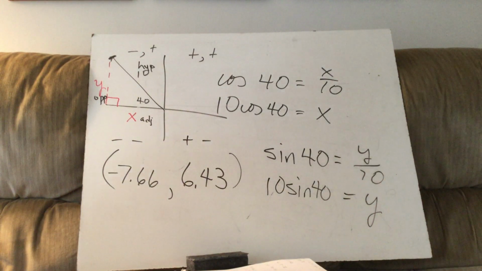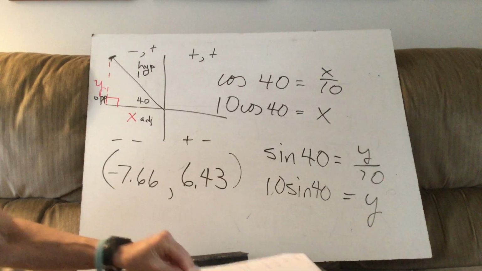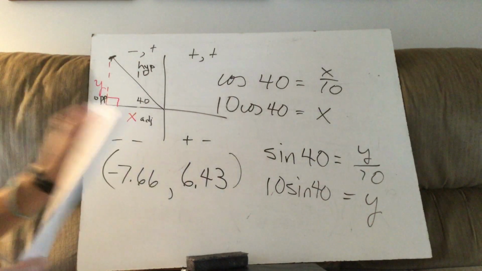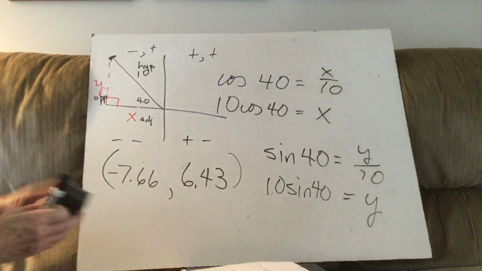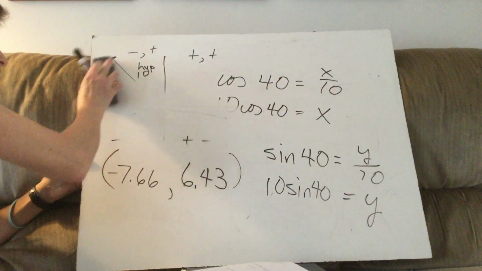So please, please, please, pay attention when you're given a picture. Pay attention to which quadrant it is in, because that will determine your x and y signs, positive or negative. Okay, next problem.